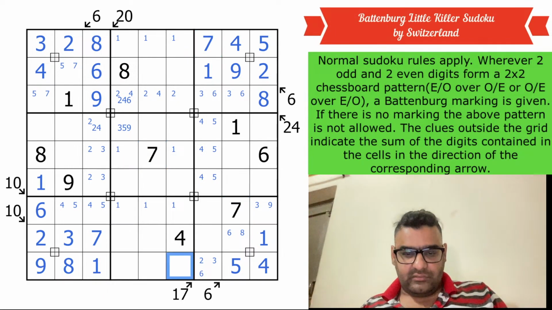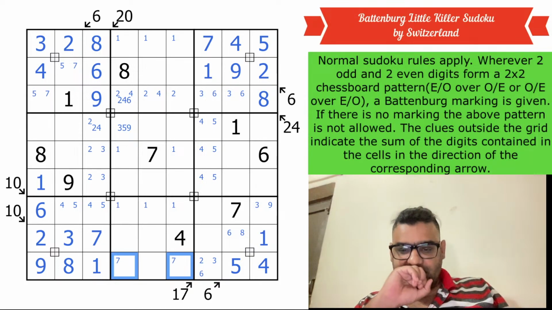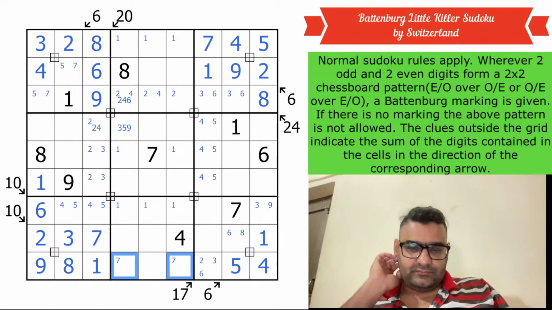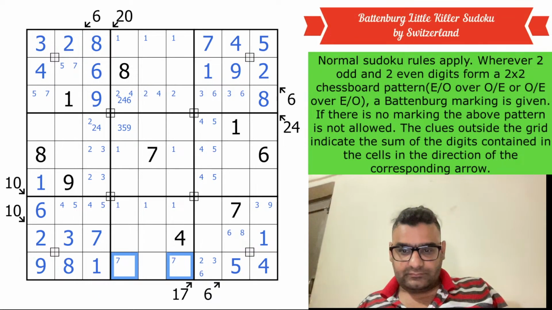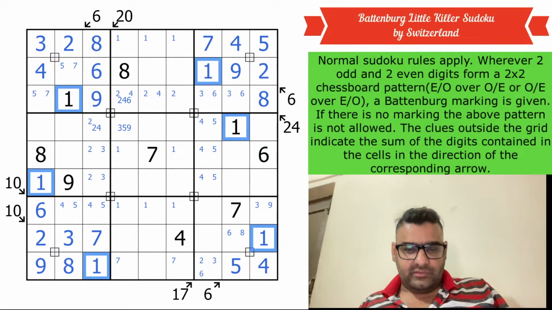So 7 can only be in these two places. Do we have 6? Only 3 sixes. How many ones? We know 1 here, 1 here, but we do not know perfectly.